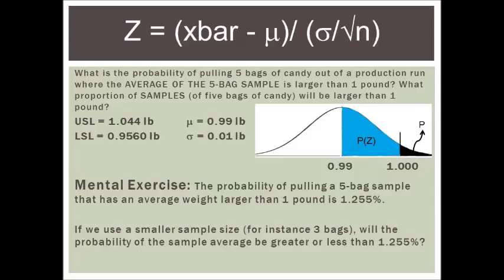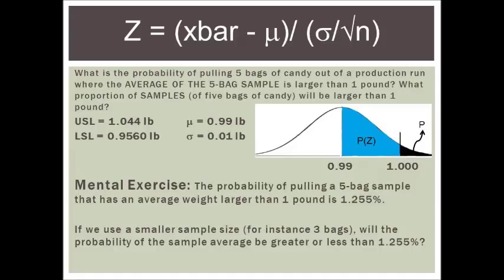All right, let me go the opposite direction. What if you took an infinite sample size? In other words, instead of a sample size of 5, I chose a sample size of infinity, and I measured all of the bags of candy that have ever been made and that ever will be made, and that is my sample size.